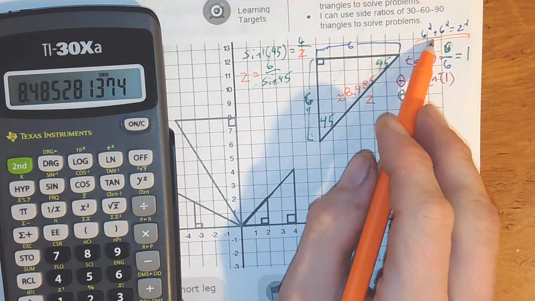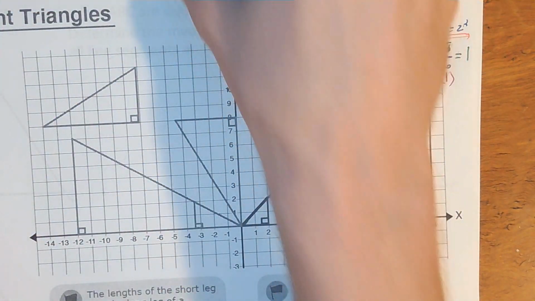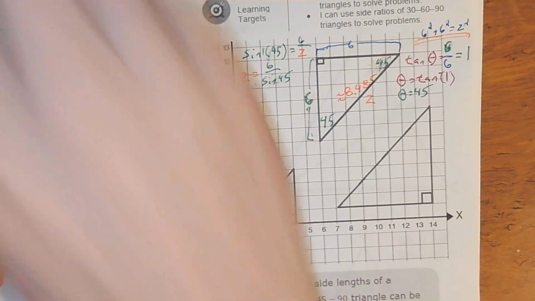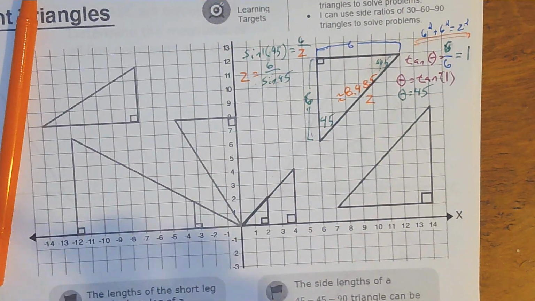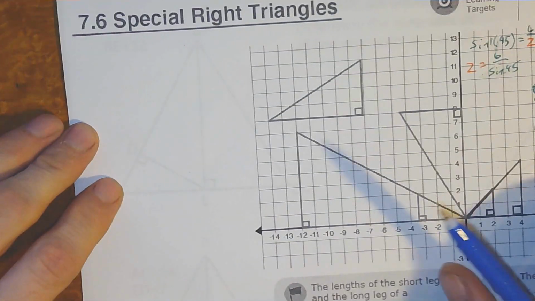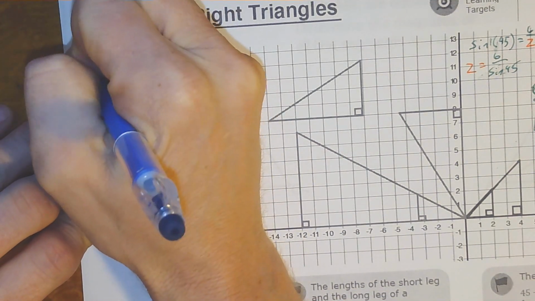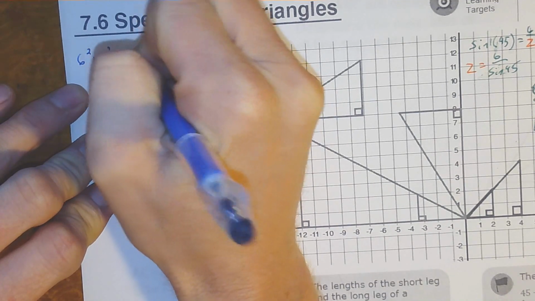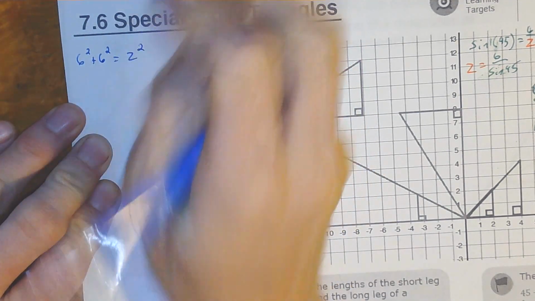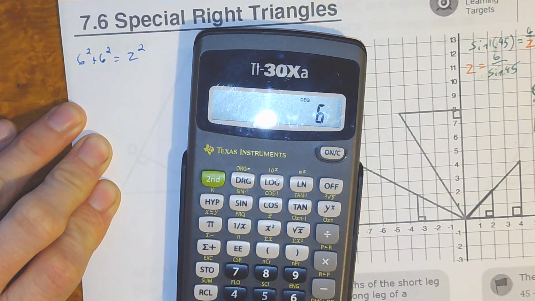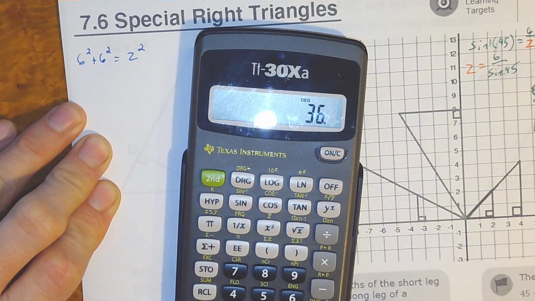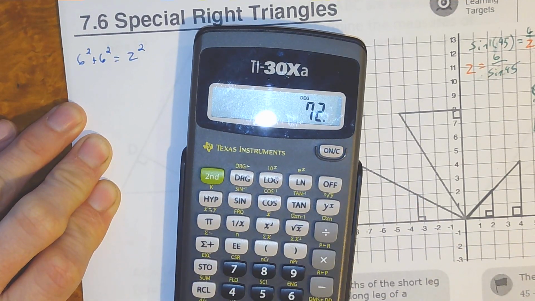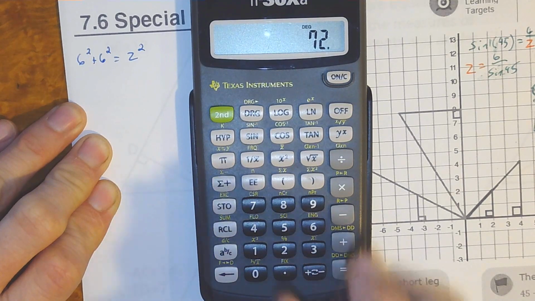Okay, so let's do this math over here. We'll do 6 squared plus 6 squared equals z squared. 6 squared plus 6 squared equals 72.